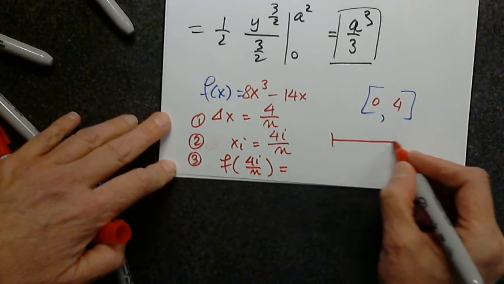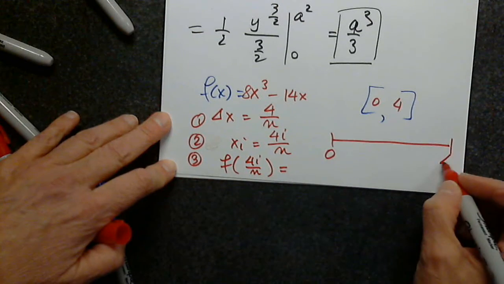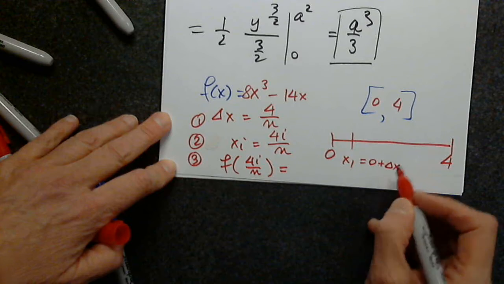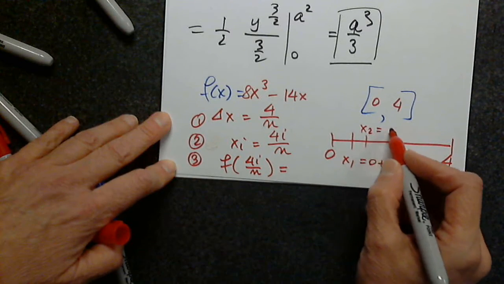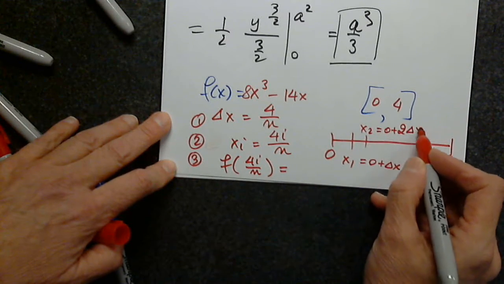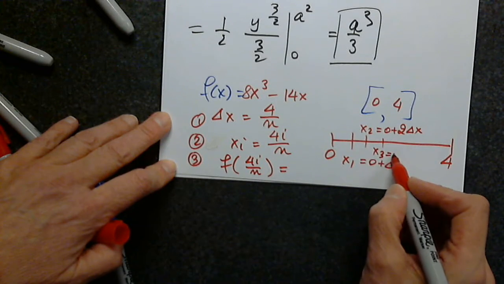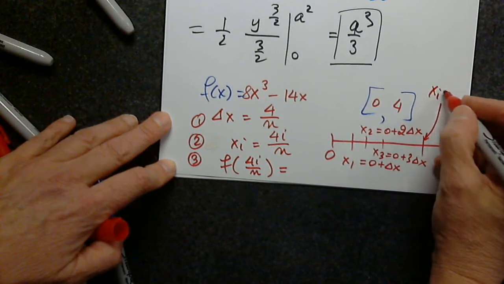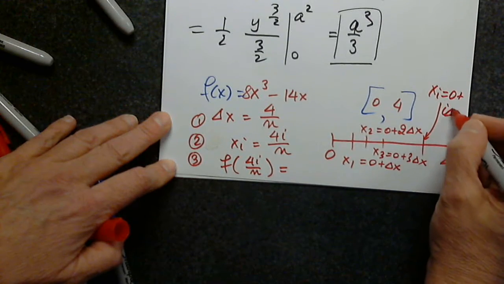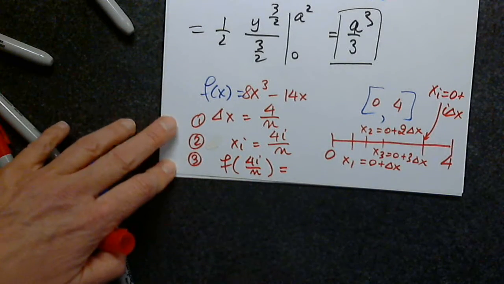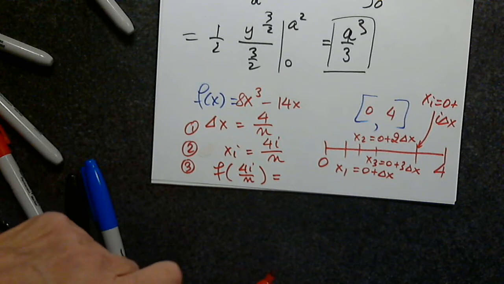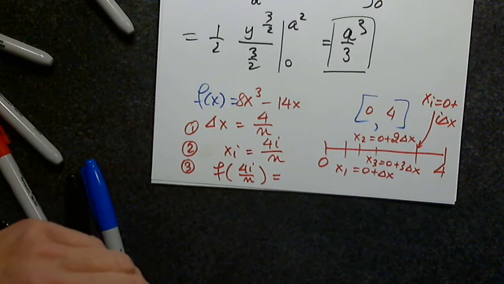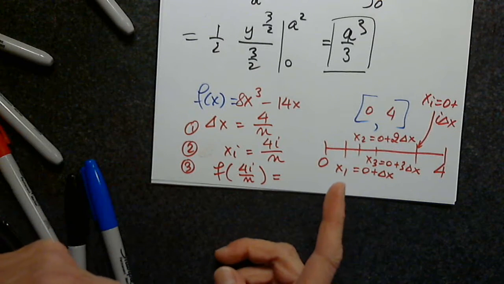Yes. 0, 4. x1 is 0 plus delta x. x2 is 0 plus twice delta x. x3 is 0 plus 3 times delta x. xi is 0 plus i delta x. So you're literally just multiplying delta x by i. Always plus the lower limit. Do you see the pattern? Yes, I see why.